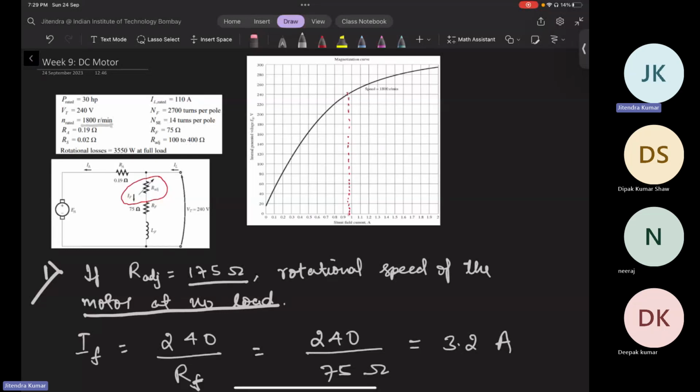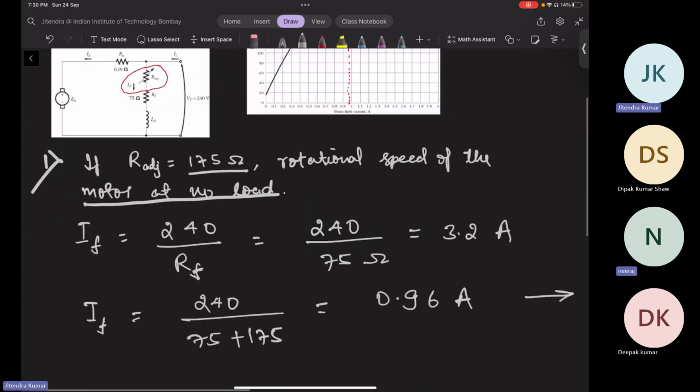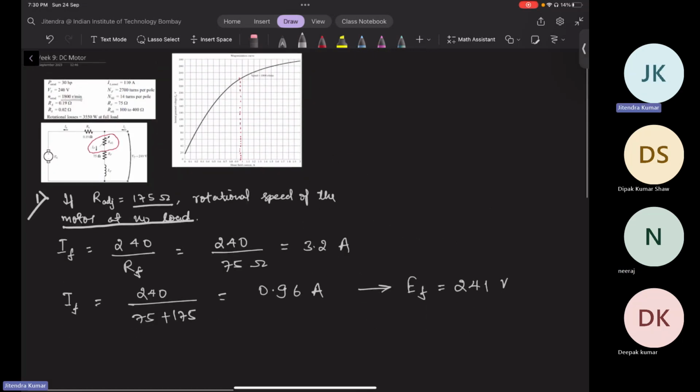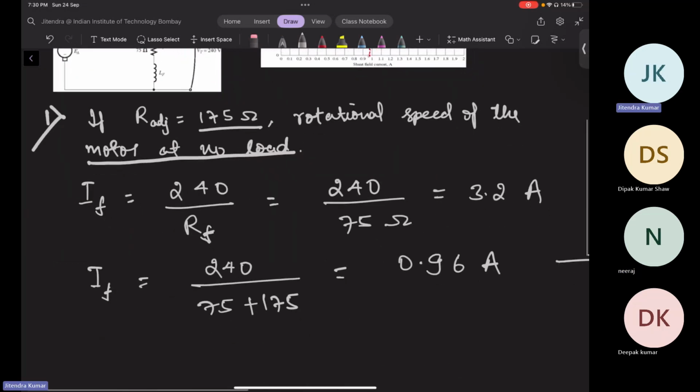So when 175 ohm was not added, at that time VT was 240 volt. And when 175 ohm is added, we were not able to find out the voltage because it was exceeding the 2 amps, right? So now, since the speed we are not changing, we are keeping it fixed because we are varying the field.